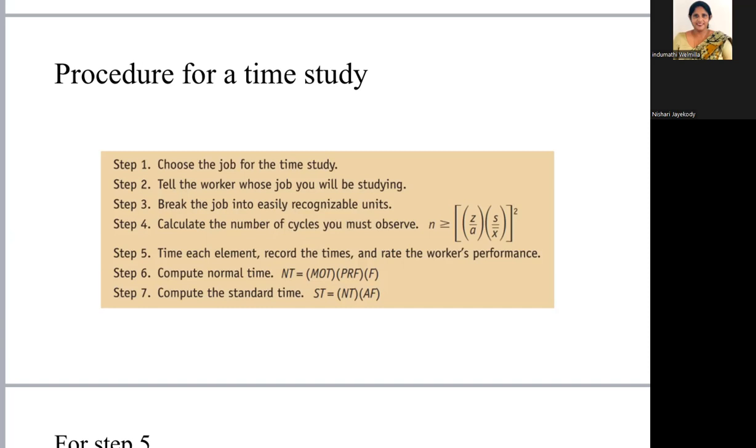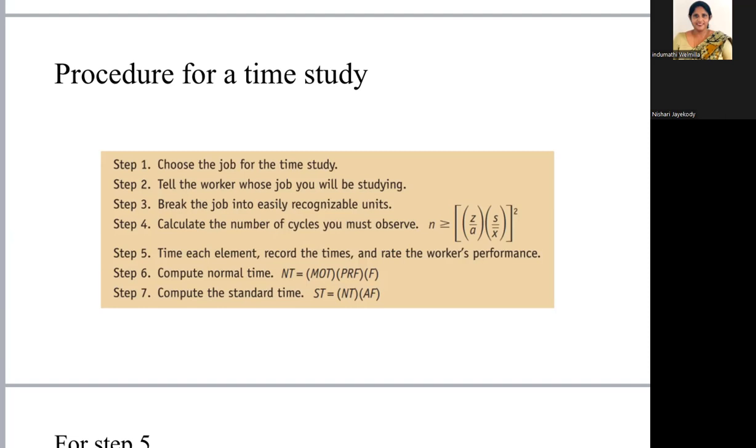It is not uncommon for workers to work faster than normal when they are observed, or in some cases to work more slowly than normal when they are observed. The performance rating is used to develop a standard that is fair to the worker and to the company.